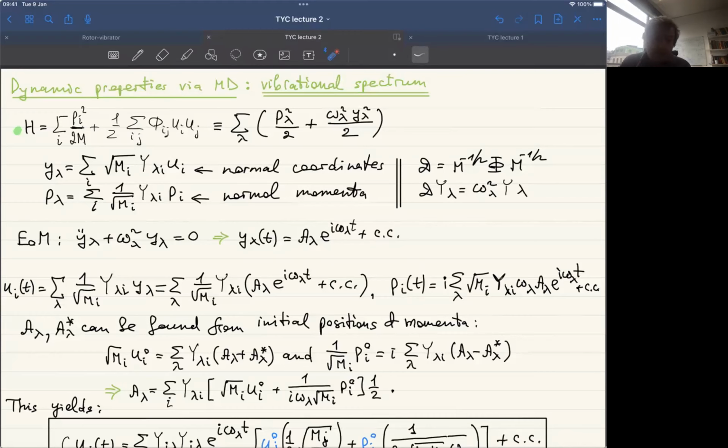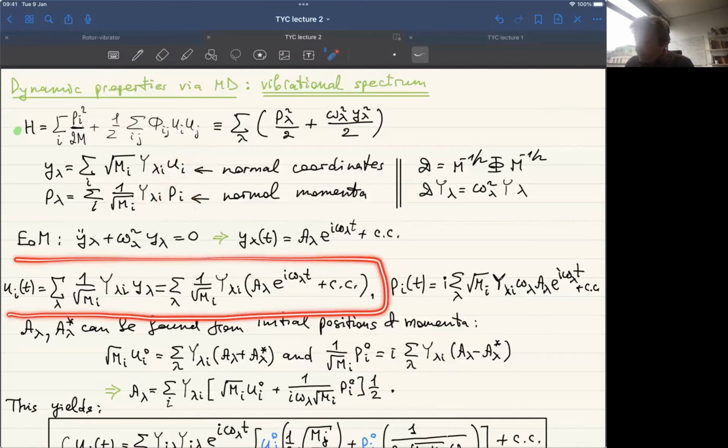We would not know initial conditions for the velocities and momenta in terms of normal modes, but we would know them for the actual atomic displacements. So what we need to do now is to solve these two equations with respect to atomic displacements and momenta, and these relationships are written here.